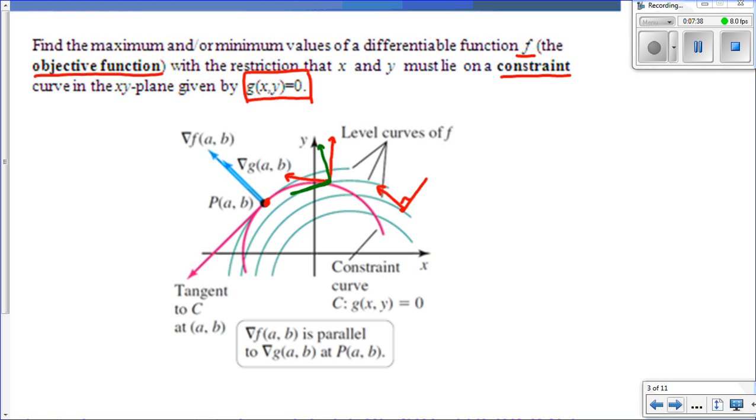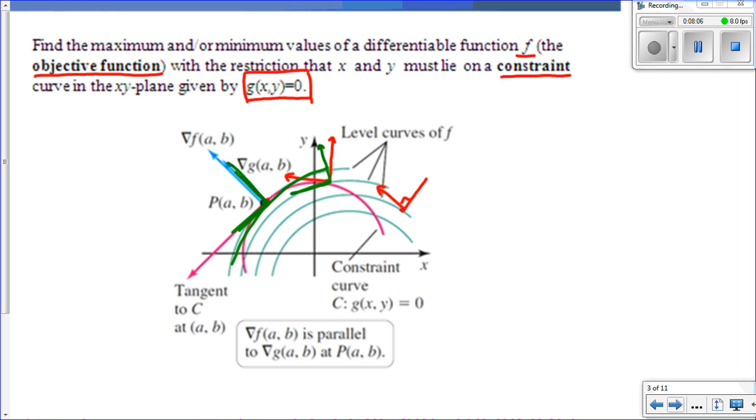Well, let's look at the point where we actually have that maximum value. This point is on both the level curve and the constraint. Let's look first at the gradient of the level curve. So in green, the green curve here is what I'm looking at. The tangent vector is here, and the gradient would be here.